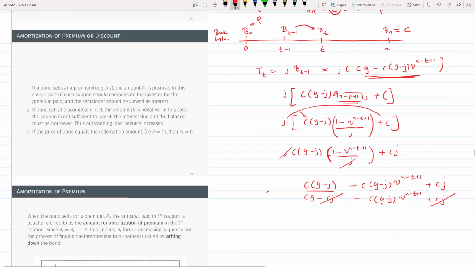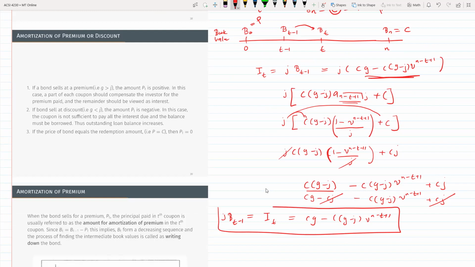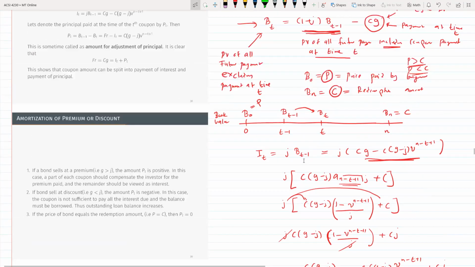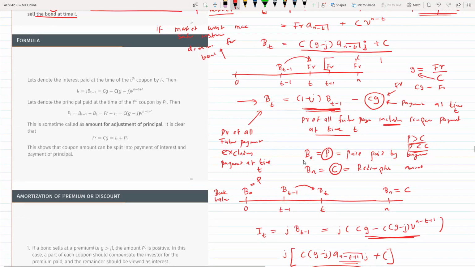This is basically IT, which we obtain using this formula. Okay, so that would be the interest.